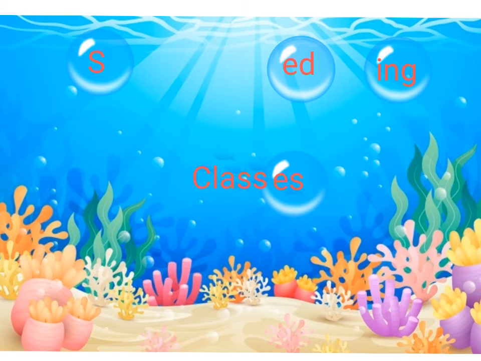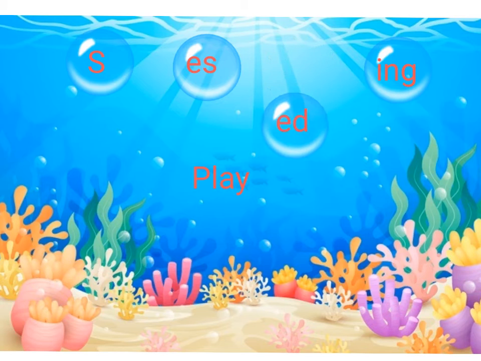Let's try a new word. Next, I have one of our word wall words, play. I can play today. But what if I was playing yesterday? I wouldn't say I play yesterday. Let's see if we can add my past tense suffix ed. Played, played. That sounds right. Let's try the other sounds for ed.